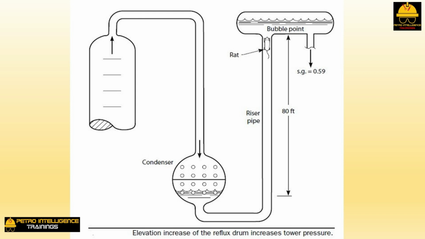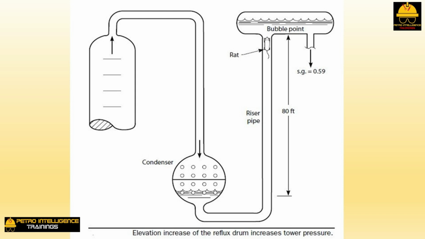Forget about the project engineer, forget about the rat, both stories are pure fiction. The truth is that the elevation of the reflux drum was 80 feet above the condenser. The specific gravity of the butane liquid was 0.59.